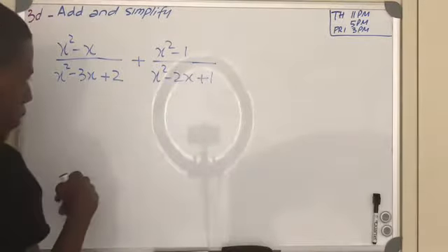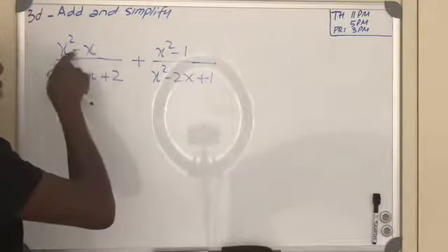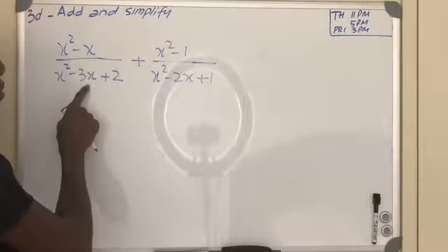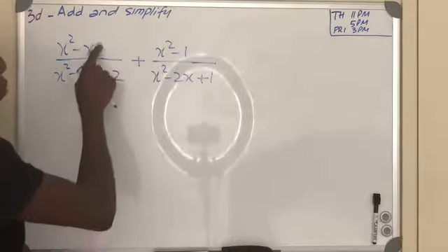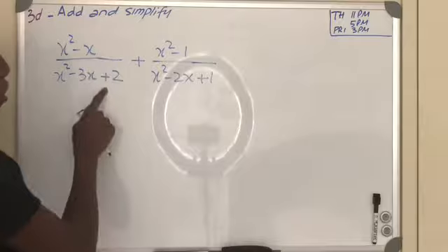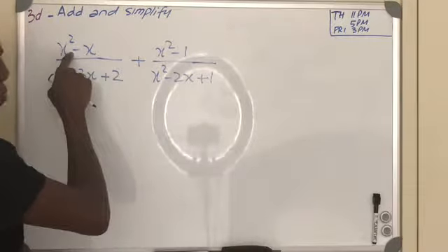So let's see. We have x squared minus x. The first thing is, because we're going to factor out the denominator, we can factor out the numerator too, to see if we have like terms in the numerator and denominator, we can cancel them out. Okay, let's proceed to see what I'm saying. X squared minus x.